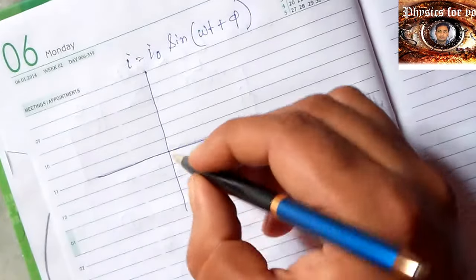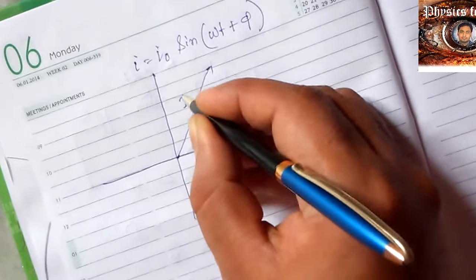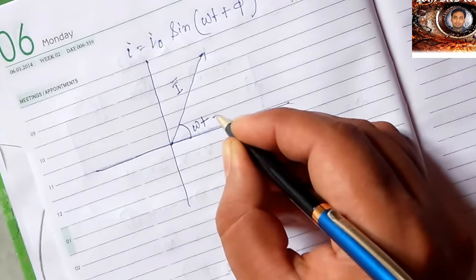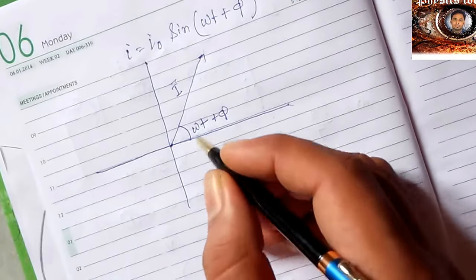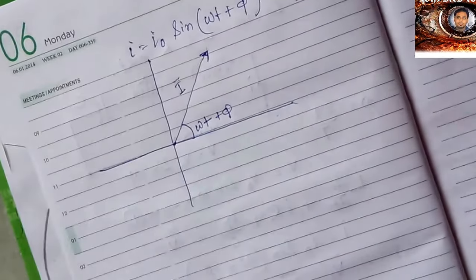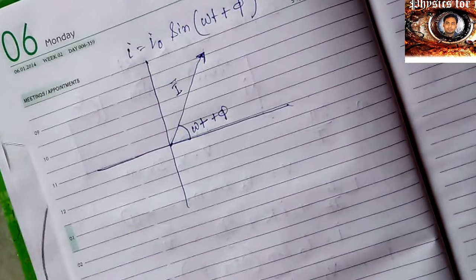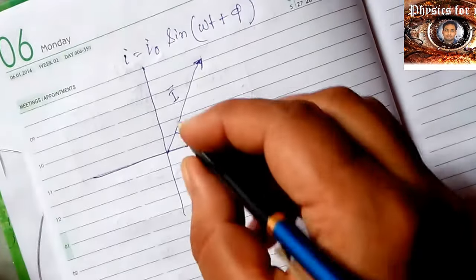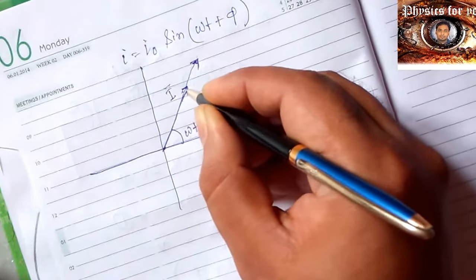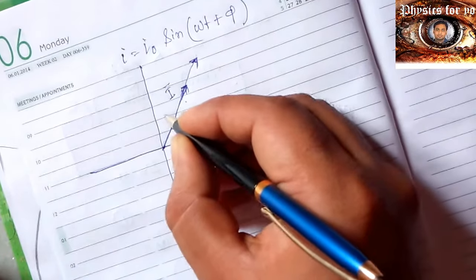So first represent the phasor of the current, that is I. This angle is omega t plus phi. Now, in the previous session we have learned that the voltage across the resistance is in phase with the current. Thus VR should be in the same direction. This is VR.